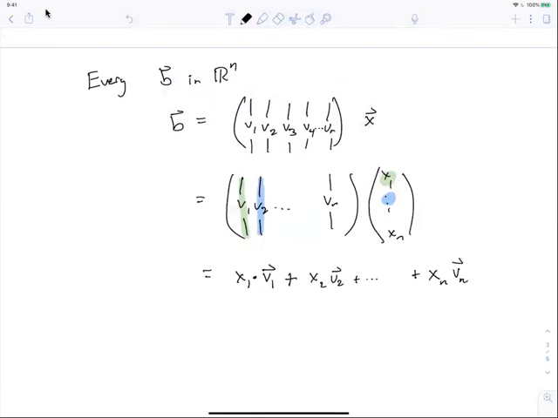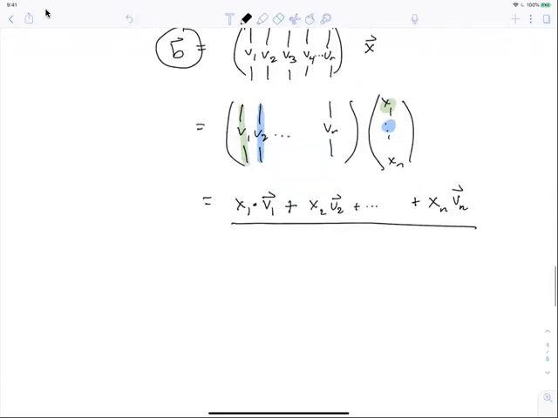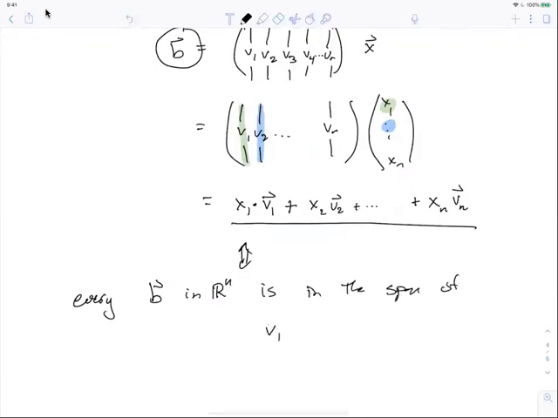All right, so what this says is every vector in Rn, every B, is represented as some linear combination of our Vi, and this implies that every B in Rn is in the span of our V1 to Vn. So now we're in the span.